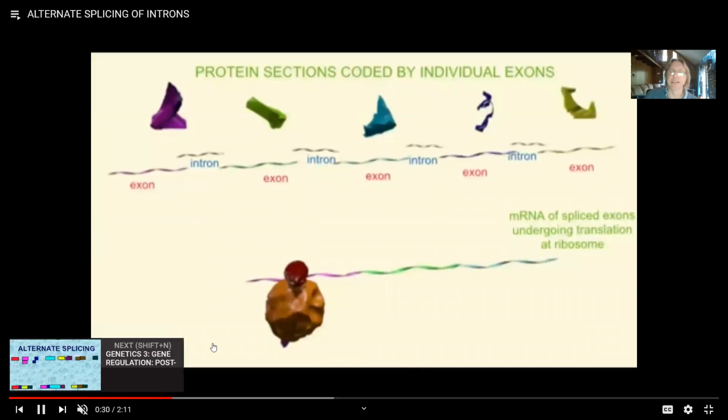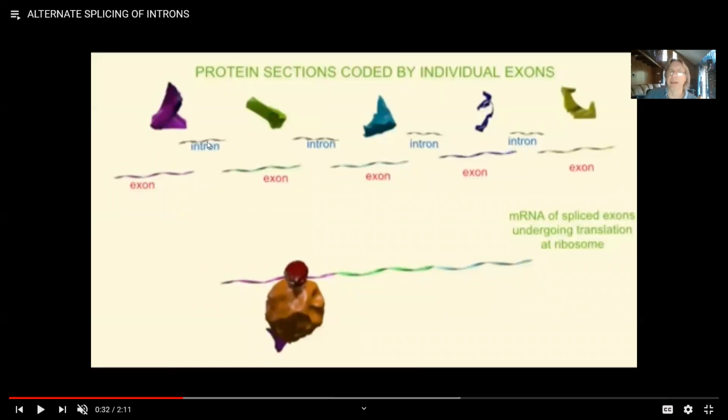So for example, take this case here. If the introns are removed, let's say that here's the first exon, and if it is translated, it produces a sequence of amino acids that looks like this. Here is the second exon. It would produce a series of amino acids that looks like this.